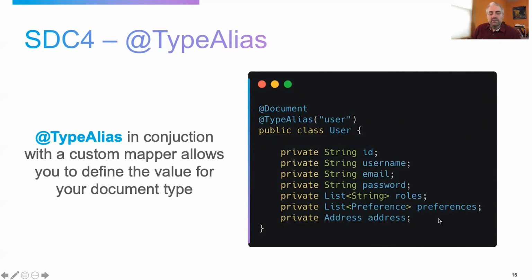And a way to keep that the same, even though you move it around, is with the type alias annotation. So the type alias, in conjunction with a custom mapper, allows you to define whatever you want for that document value to keep it the same regardless of what class or what package you're using.